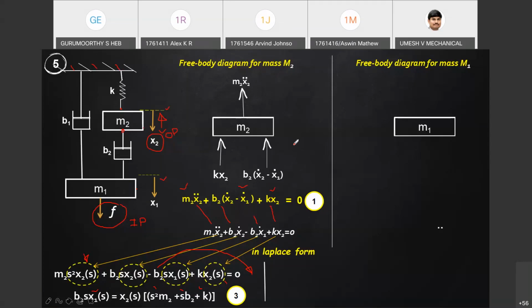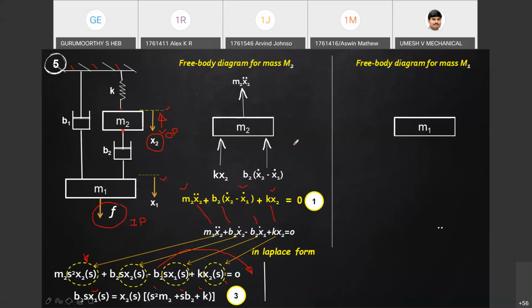How come 5? One is inertia. One is external force F. One is the force due to damper B2. Another one is the force due to B1. K will not come into the picture.